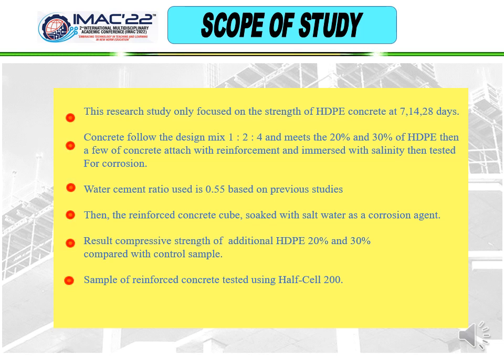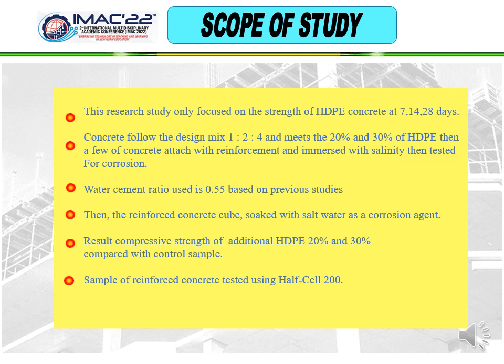This research only focused on the strength of HDPE concrete at 7, 14, and 28 days. The concrete followed the design mix 1 to 4 and meets the 20% and 30% of HDPE, then a few of the concrete were attached with reinforcement, immersed in salinity, then tested for corrosion. Water cement ratio used is 0.55.